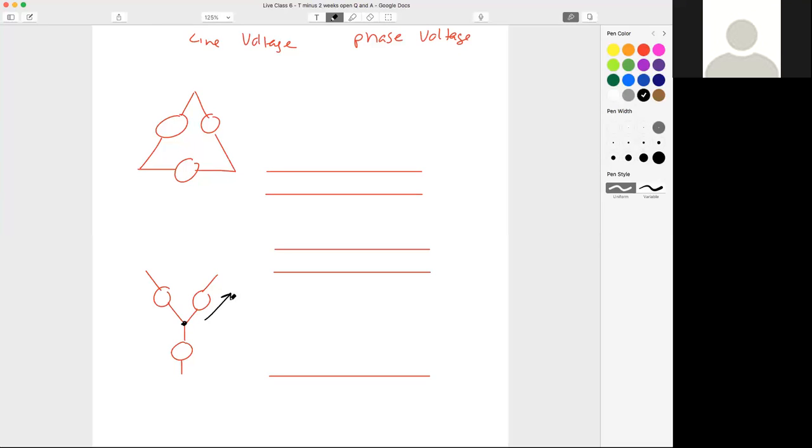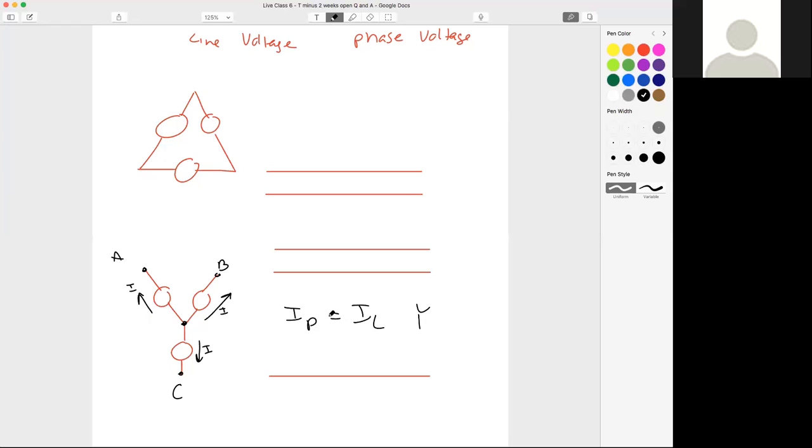If this is a source, we typically show it from neutral to the line, right? So here's A, here's B, here's C. All of these are my phase currents, correct? These are the phase currents of my source. Now, this is why I'm not a fan of when people just say, oh, Y system, phase current equals line current.